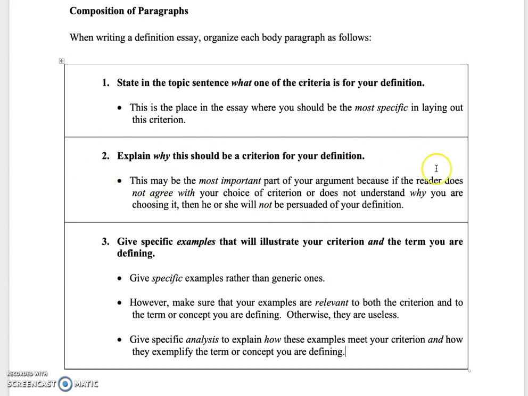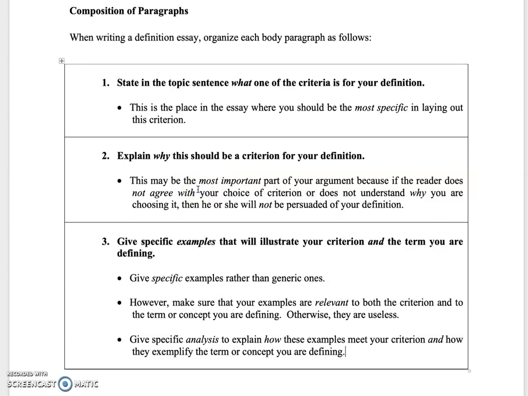Second is a part that people often skip, and it's important, and that's explaining why this should be a criterion for your definition. A lot of people just jump right from saying what it is into examples without explaining why that should be a criterion for your definition.